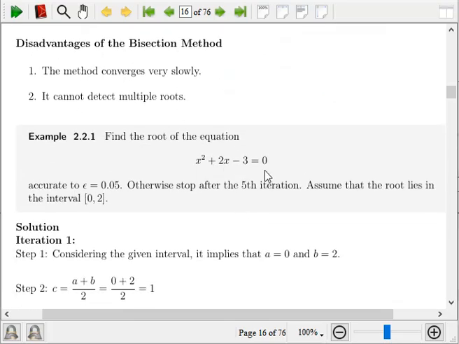We took this, which will have two roots, but we are finding the root within this interval. We have two conditions to stop the iteration, either on the 5th iteration or when the difference between two approximations is less than this threshold.